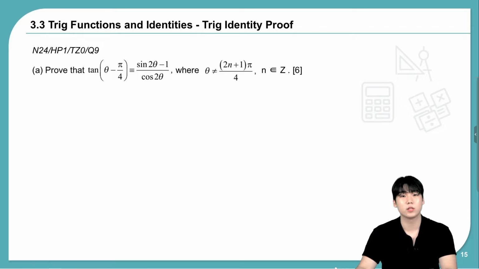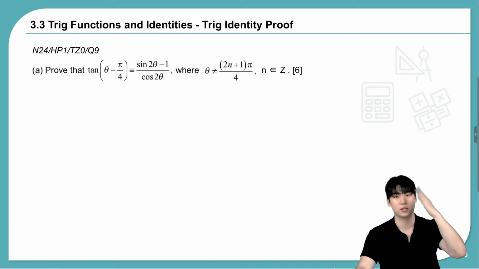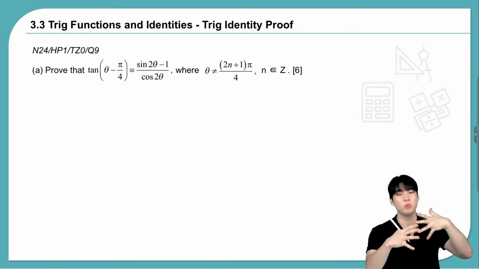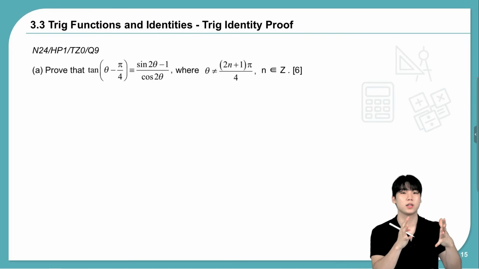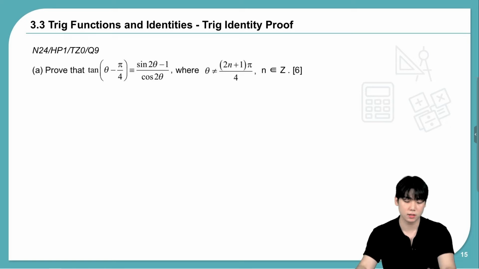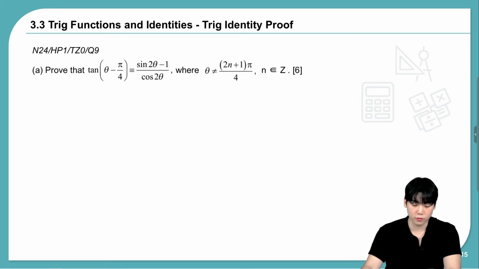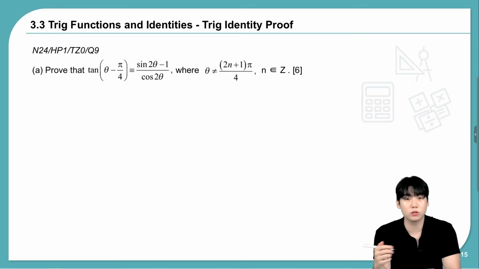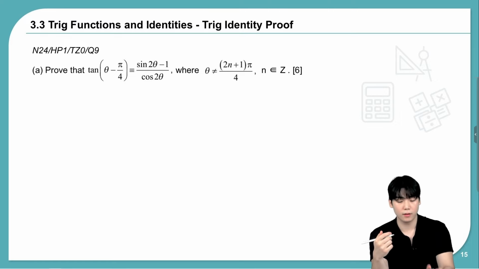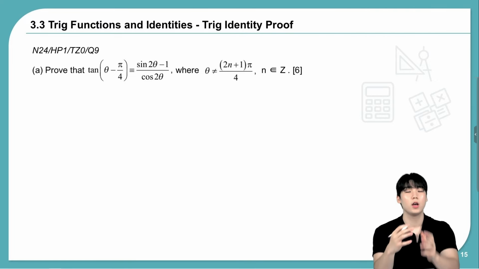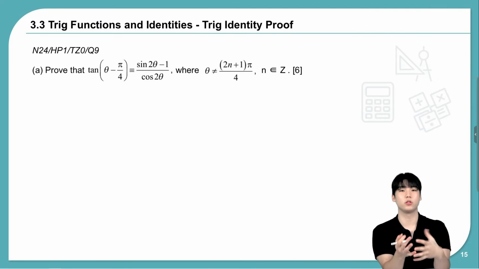This is our last question of section A. Well, as you know, paper 1 is divided into section A and section B. Section A is more of smaller questions, whereas section B is the big, fat, chunky ones. And this is the last question of section A. So prove that tangent blah, blah, blah. So in order to prove that question, again, if I repeat myself, it's very similar to the show that question.